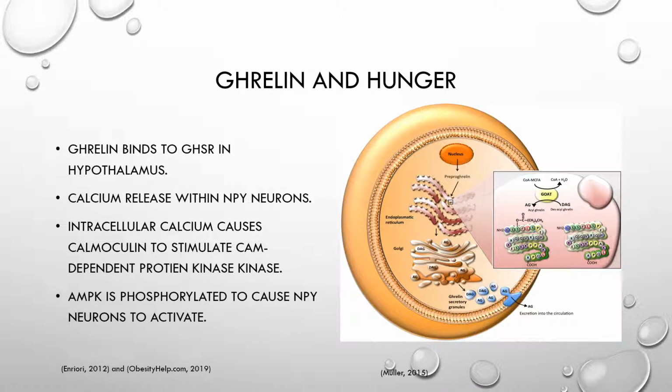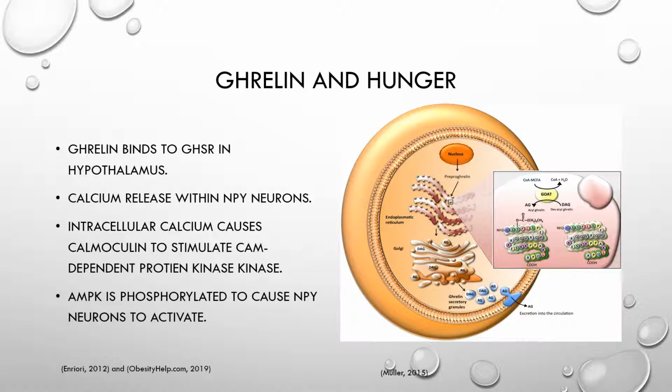Increased calcium levels within the cell combine with calmodulin to stimulate CaM-dependent protein kinase. This leads to AMPK phosphorylation, causing an increase of NPY and AGRP neurons, and so hunger is felt.